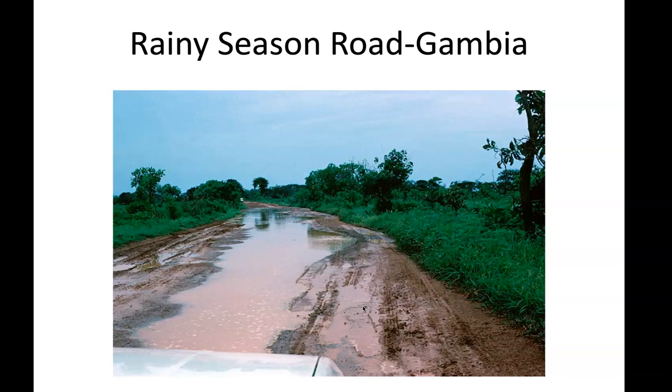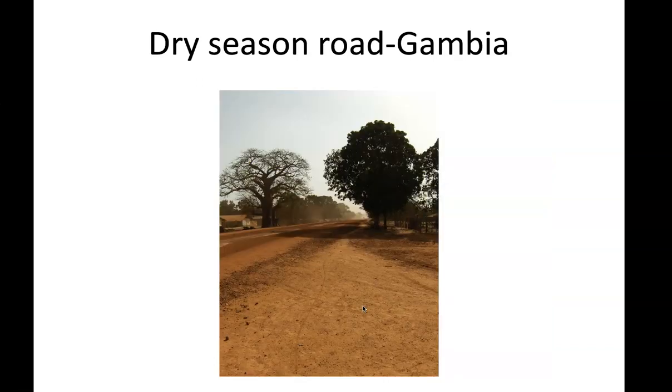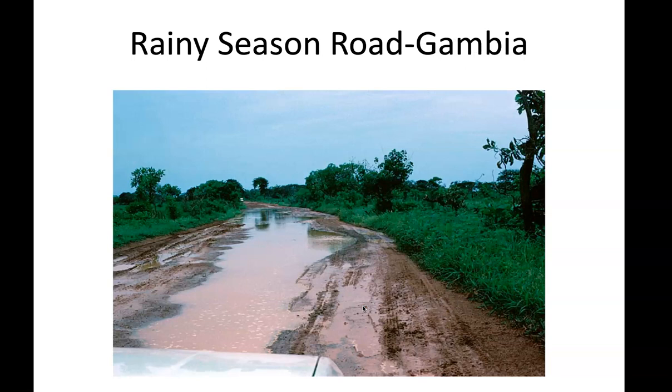This is the road in the rainy season. You can't go quickly on this. Okay, rainy season, once again, the season for agriculture, but it's also the time most people stay home because travel is so difficult. But you see the difference here. You see how dry it looks here, and dust covers everything. And then when the rains come, look how vibrant green that vegetation is on the side of the road.